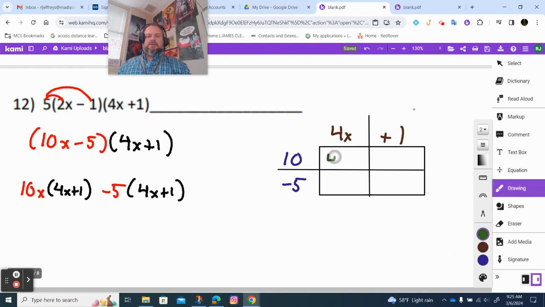So this is, well, look, I almost messed up. What did I not write right here? I didn't write my x beside the 10.